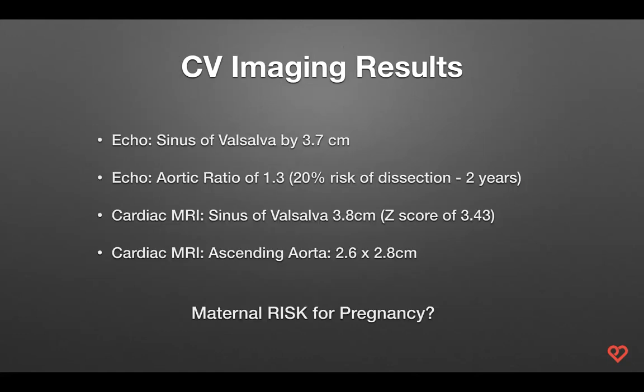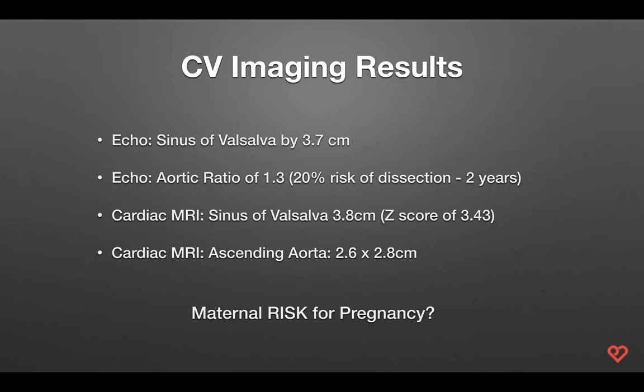So when you look at this patient, by echo, her sinus of Valsalva measures 3.7. If you were by MRI or echo to calculate her aortic ratio, it would be greater than 20% risk of dissection at 2 years. Her cardiac MRI sinus of Valsalva was 3.8, Z-score of 3.43, which is increased, and her ascending aorta is normal.